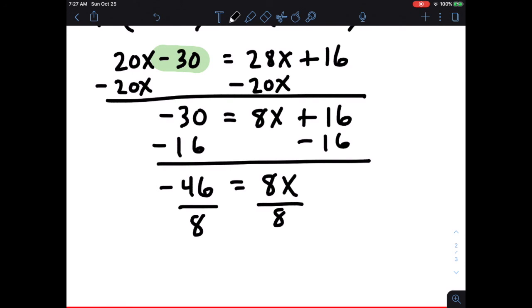And when I divide both sides by 8, I'm going to have to grab a calculator to do that. So I have negative 46 divided by 8 is equal to negative 5.75. So x is negative 5.75. And it's a nice neat decimal, so we can leave it like that.